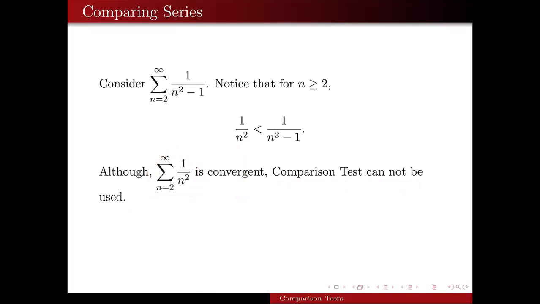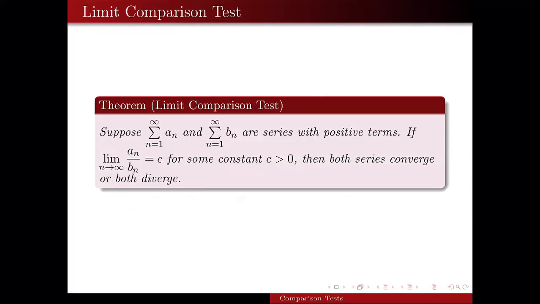So, what do we do? We will use the following test. It's called the limit comparison test. Okay? So, the limit comparison test is the following. Suppose you have two series, series a_n and series b_n with positive terms. We don't want zero in the terms.